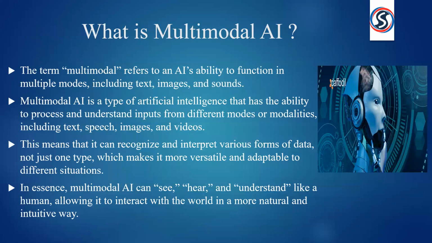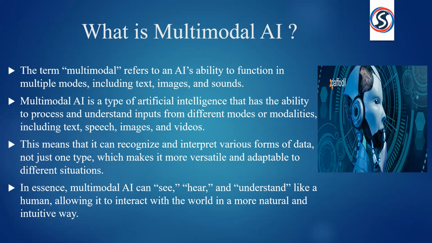So actually, why have I explained to you about artificial intelligence, then data science, then machine learning, deep learning? There is a reason, because our topic today is multimodal AI. It is a part of AI.